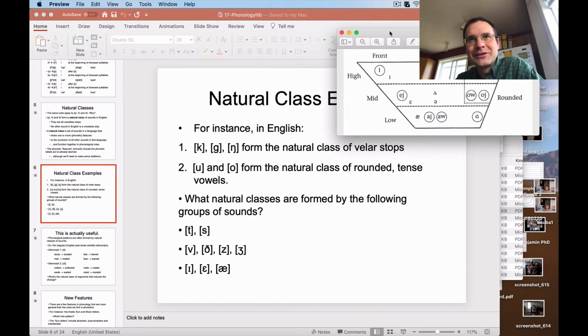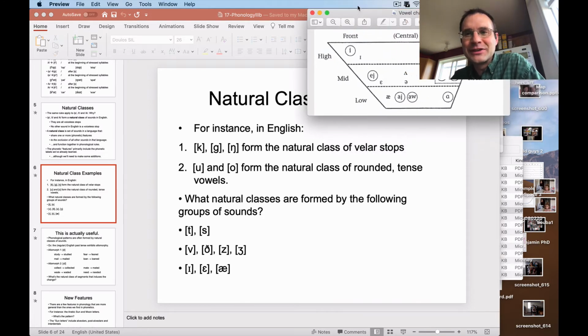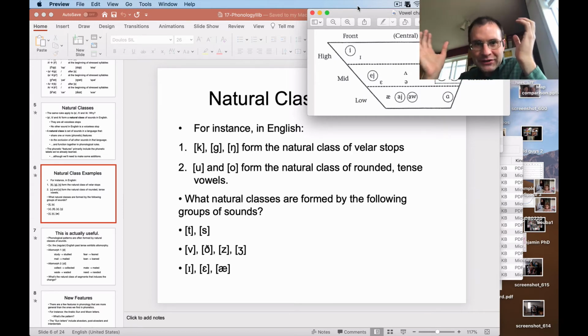But that's usually a concern when we go through the homeworks for these, which is to say how many features do I need to use to describe these classes. And I would say, when in doubt, use all of the features which are appropriate for that natural class of sounds. In a lot of phonological analysis, they try to make the explanations as parsimonious as possible, as we say, so use the least amount of information to get the same result.